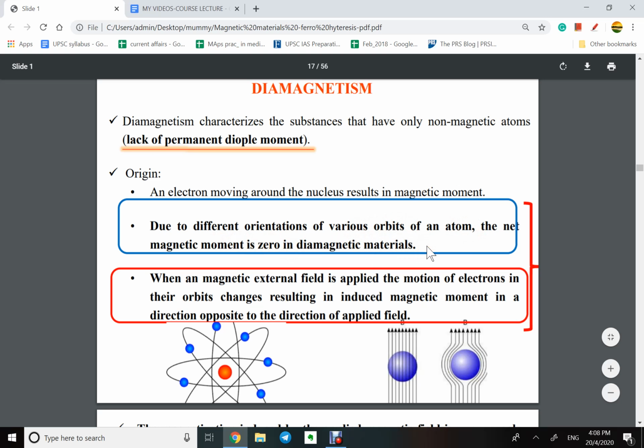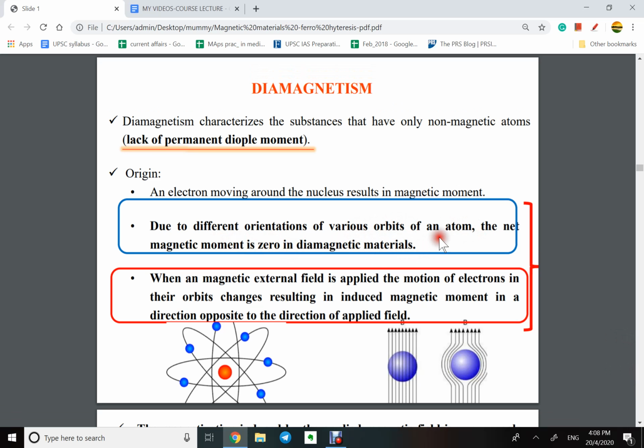We know due to each electron orbit there is a magnetic moment. The orientation of the electron orbit within an atom in a diamagnetic material is in such a way that the resultant magnetic moment due to all these electron orbits becomes zero. So there is no net magnetic moment in a diamagnetic atom.